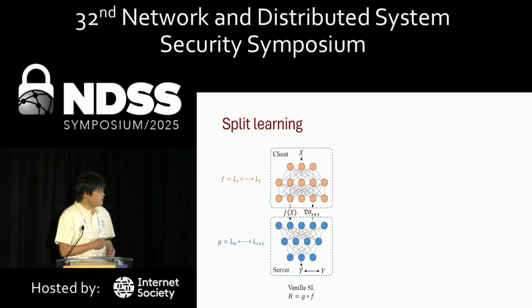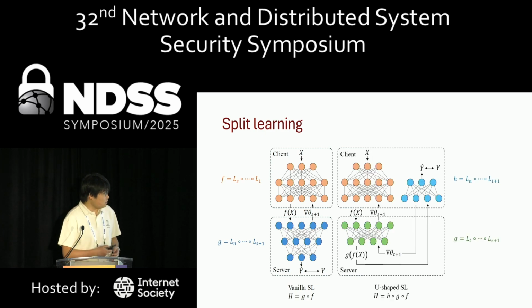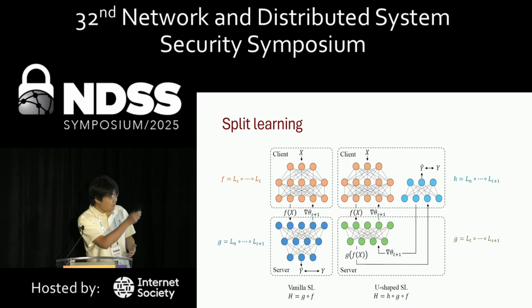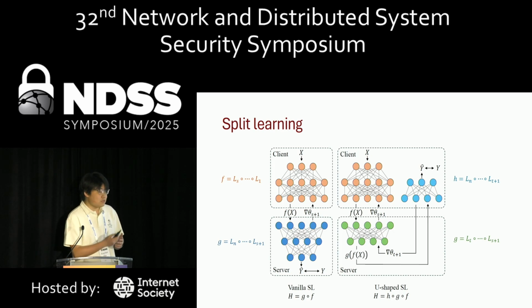In this setting, we really need the server to have the labels Y. A slightly stronger model of this is called U-shaped split learning, where the server no longer has the labels Y. Instead, the client has the features and the labels. In this case, we split the neural network into three parts, F, G, and H, and the client has both the first part and the last part. So basically, the client outsources the training of the middle part of the model, which usually holds the majority of the parameters, to the server.